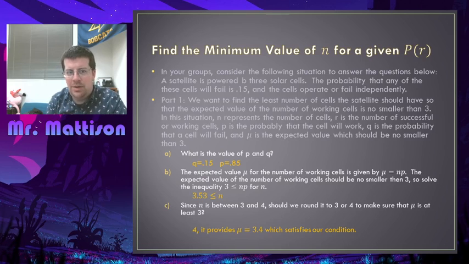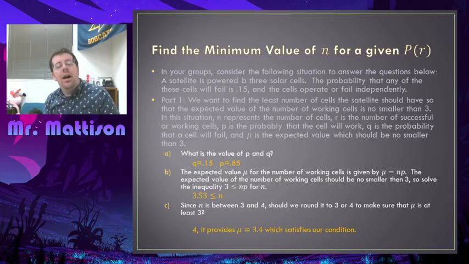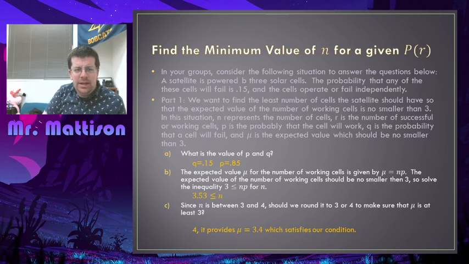I'm always going to round up here, right? Because thinking about the context of the case, it says I need 3.5 cells in order to expect 3 of them to work, but I can't send half of a cell. So should I send 3 or should I send 4?